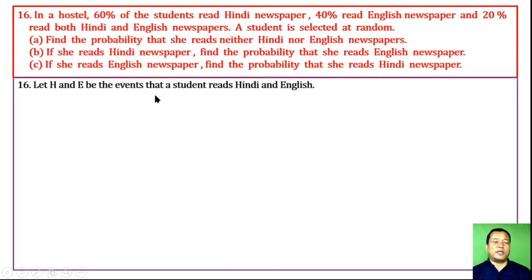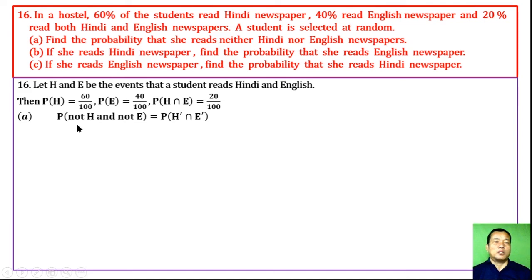Let H and E be the events that a student reads Hindi and English respectively. Then P of H, probability of drawing a student who reads Hindi newspaper, is 60%, that is 60 by 100. And the probability of drawing a student who reads English newspaper is 40%, that is 40 by 100. And the probability of drawing a student who reads both is 20 by 100.